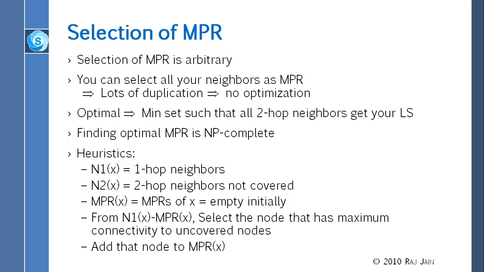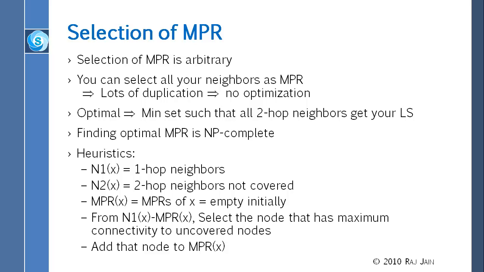So among the N1 sets, we need to select MPRs. We need to select the nodes that can cover as much of N2 as possible, right? So what we do is we start with N1X, which is the set of all the nodes, and we start with MPR of X, which is null in the beginning. So basically N1 minus MPR is actually N1 itself because MPR is null.